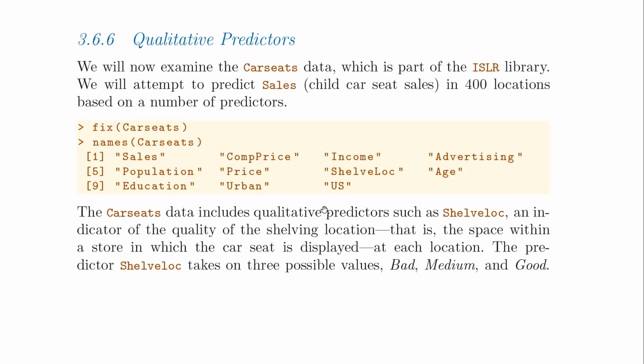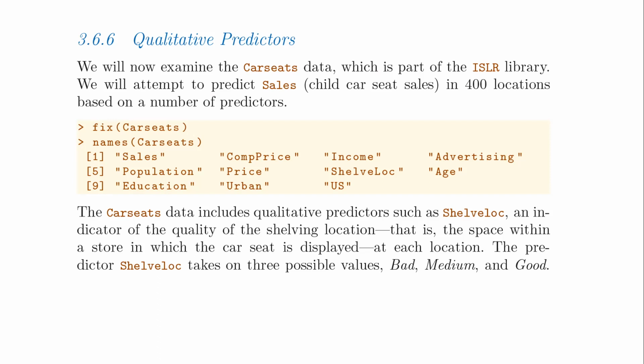Skipping this section. Qualitative predictors. We will now examine the Carseats data, which is part of the ISLR library. We will attempt to predict child car seat sales in 400 locations based on a number of predictors.